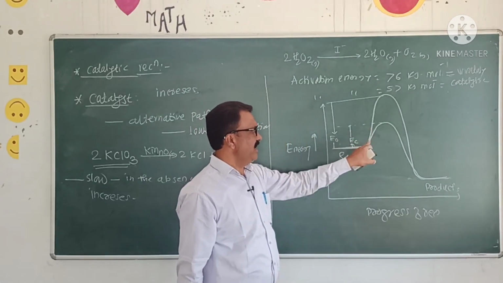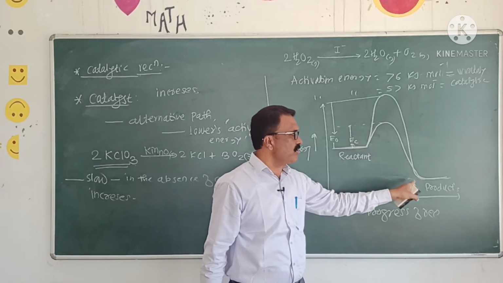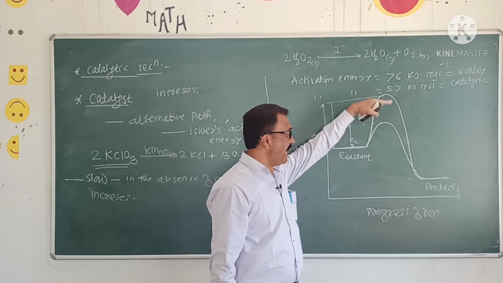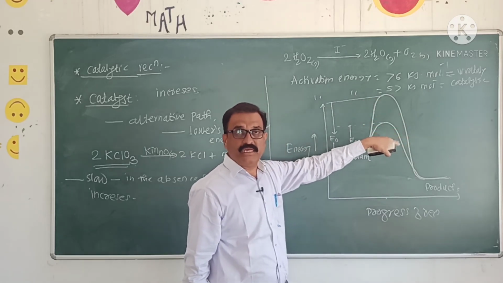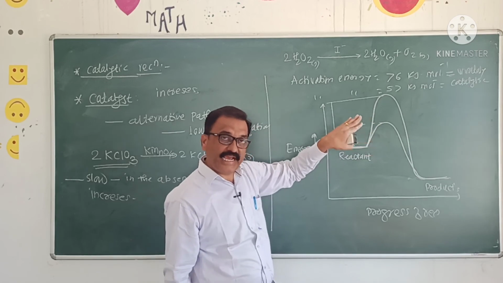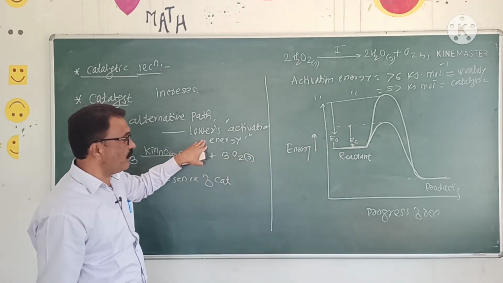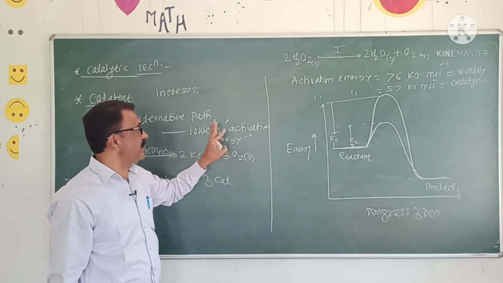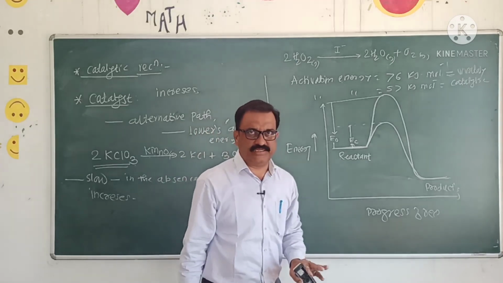That is, a reactant must have a minimum amount of energy. The height of the barrier decreases, and hence the rate of chemical reaction increases by using a catalyst. That is, a catalyst provides a lower activation energy path for a given chemical reaction.